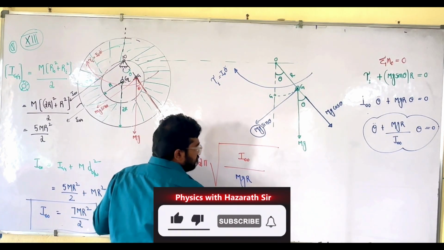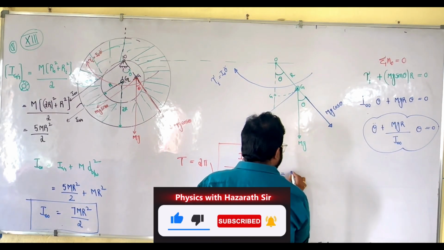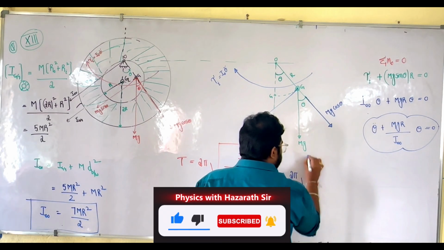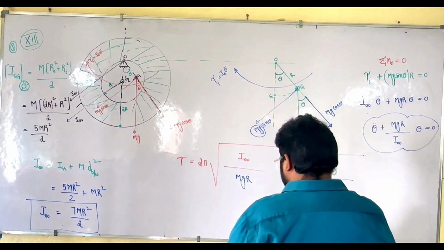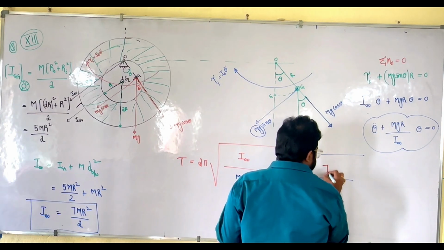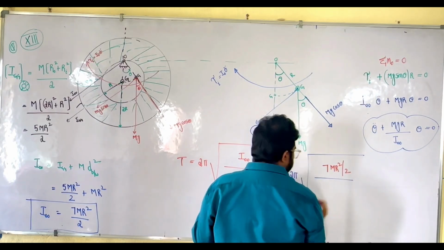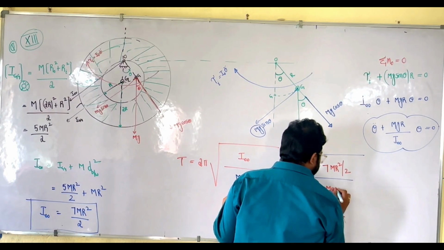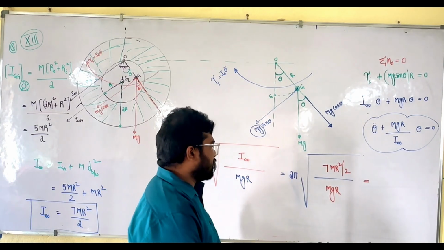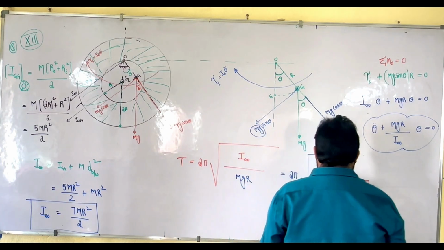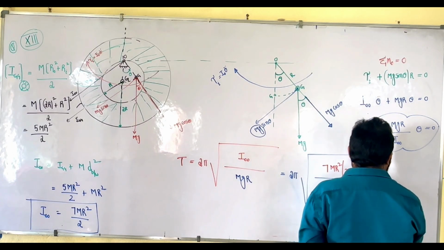What is I_O obtained? 7mr square by 2. Denominator mgr. m gets cancelled out, r gets cancelled out: 7r by 2g.